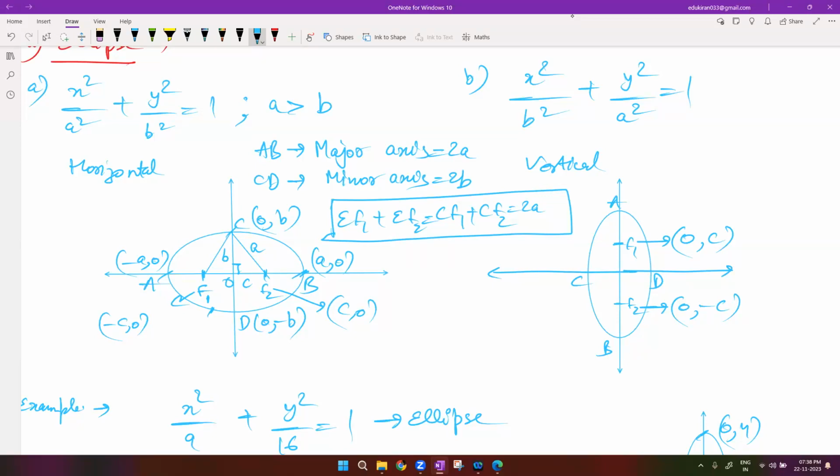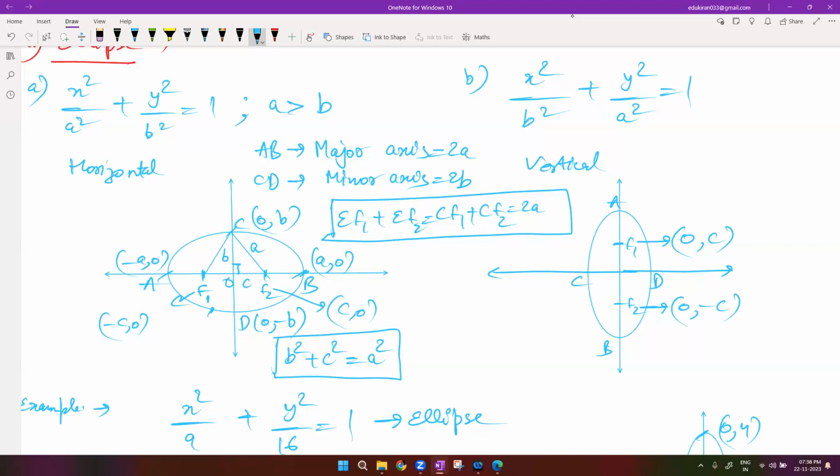So in this case, CF1 and CF2 are both equal. That is an added advantage. So CF2 will be equal to a, and b square plus c square equals a square is the relationship between focus, major axis and minor axis.